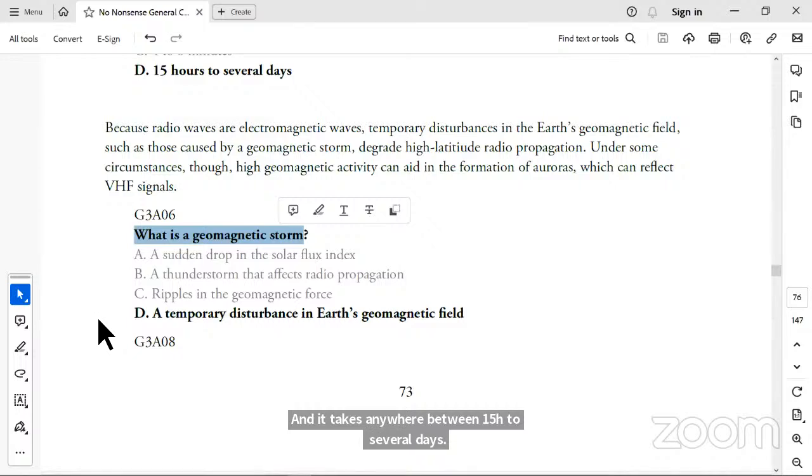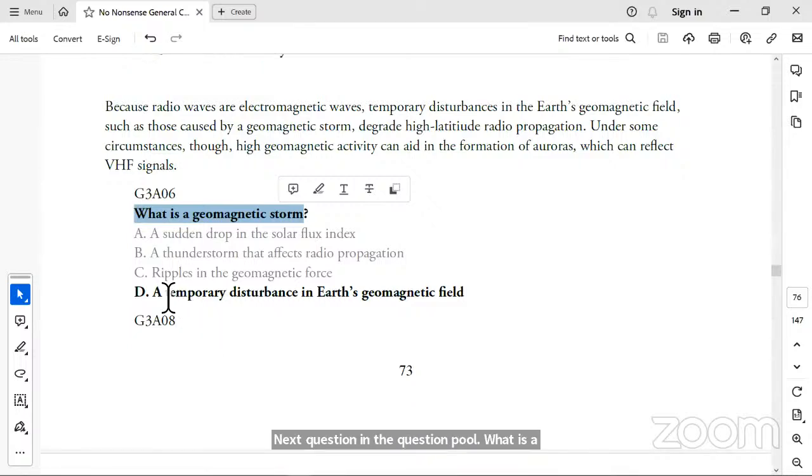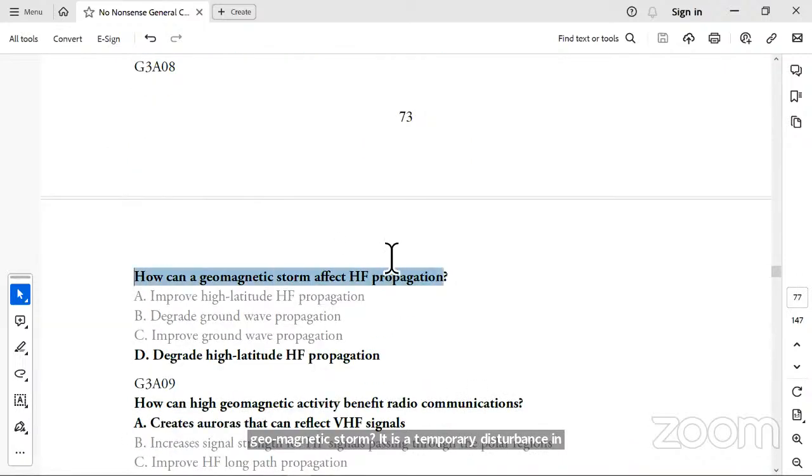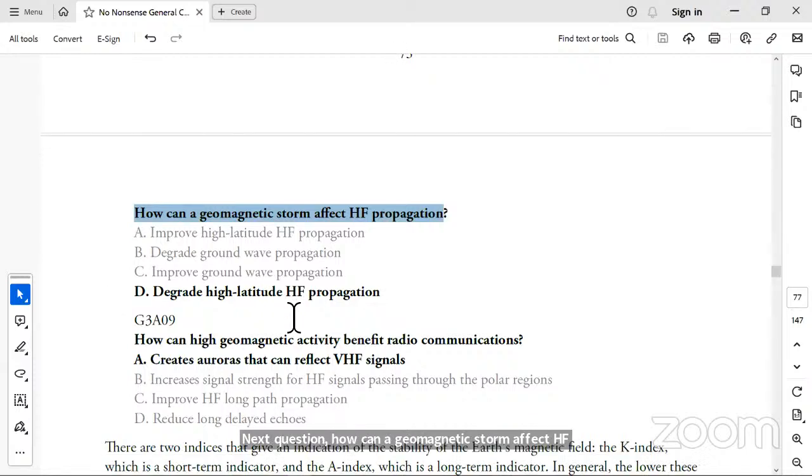Next question in the question pool. What is a geomagnetic storm? It is a temporary disturbance in Earth's geomagnetic field. Next question. How can a geomagnetic storm affect HF propagation? Well, it can degrade high latitude HF propagation.